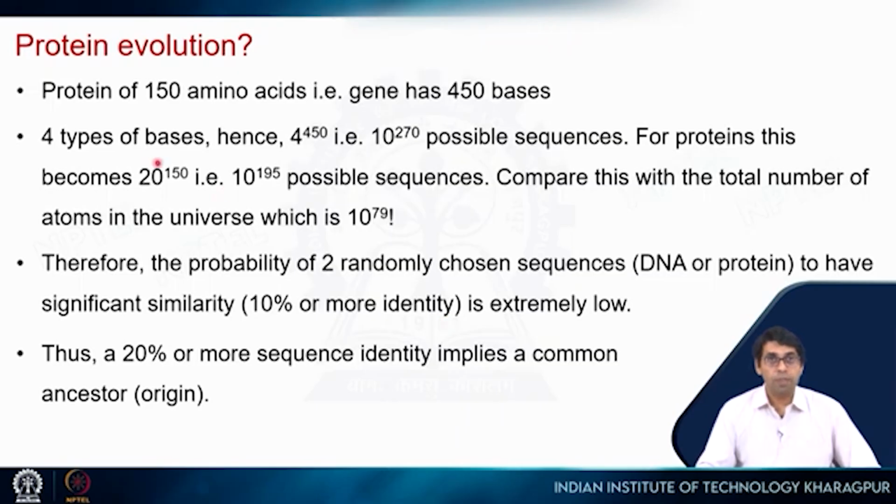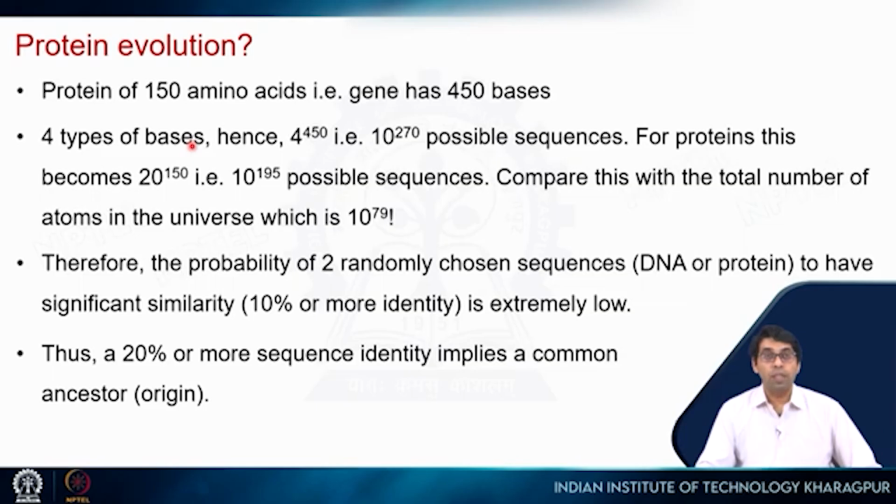Okay. So, we can do this type of calculation to show that when two sequences have 20% or more identity, then chances of them being different is very, very low. So, let us consider a protein with 150 amino acids, right. If you consider its gene, it will be 450 bases. Now, there are 4 types of bases.